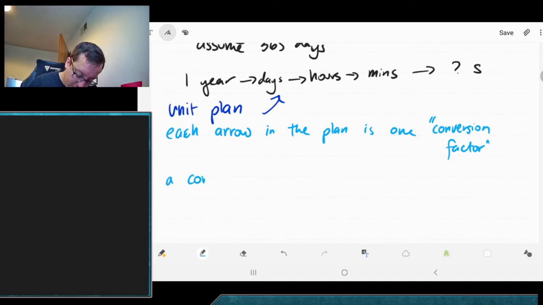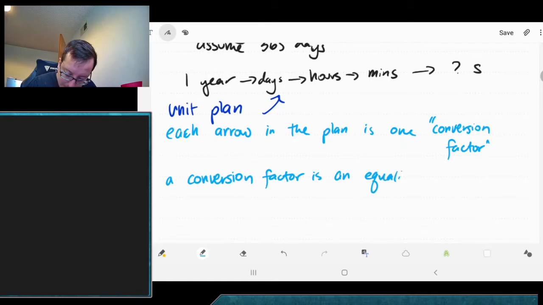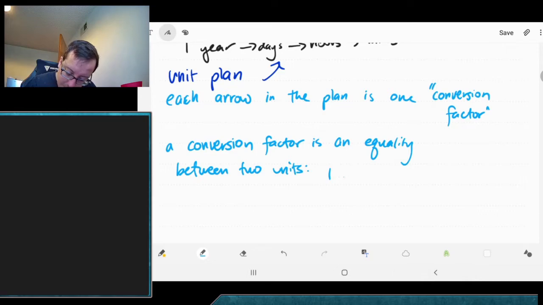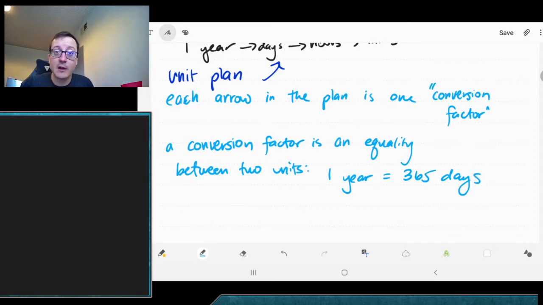A conversion factor is essentially an equality between two units, for example, 1 year is equal to 365 days. That's an equality, right? They are equivalent to each other. Same thing, but different units. And this is called a conversion factor.